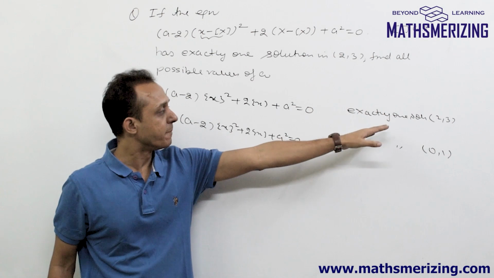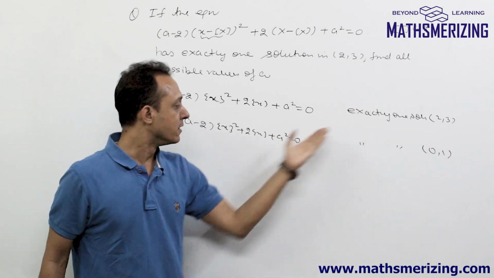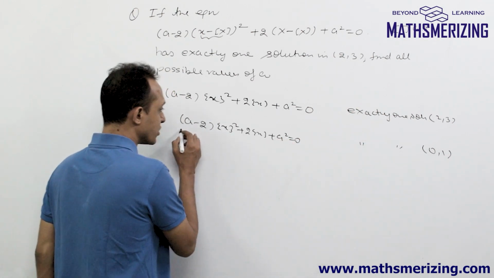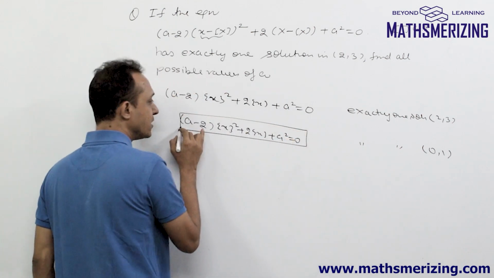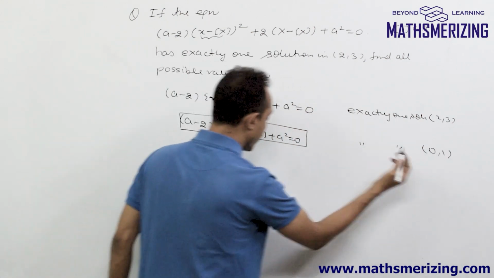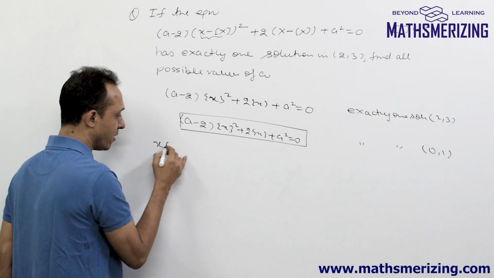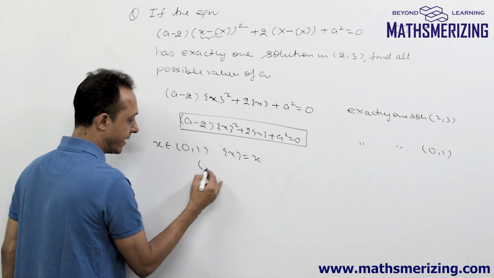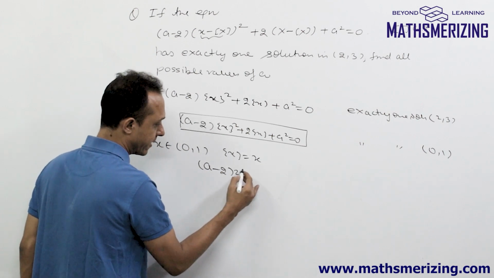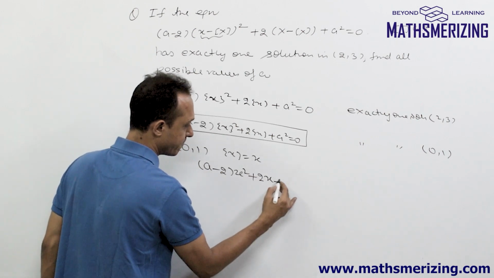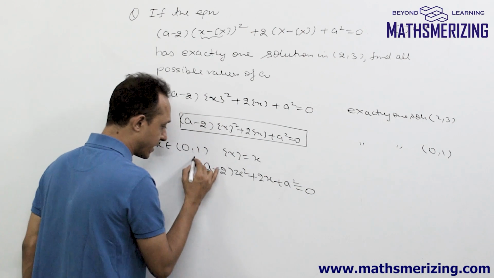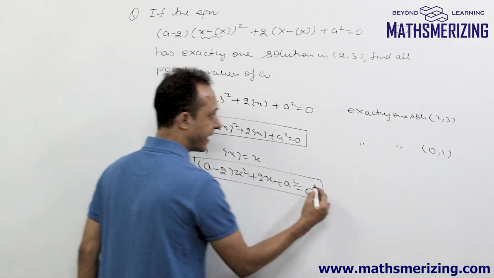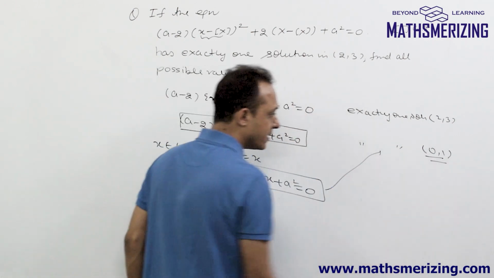Its graph and its solutions repeat in every 1 unit interval. So this equation should have exactly one solution in the interval 0, 1. Now I know that when x belongs to 0, 1, then the fractional part of x is simply x. So I'll write (a minus 2)x square plus 2x plus a square is equal to 0. So this equation should have exactly one solution in the interval 0 to 1.